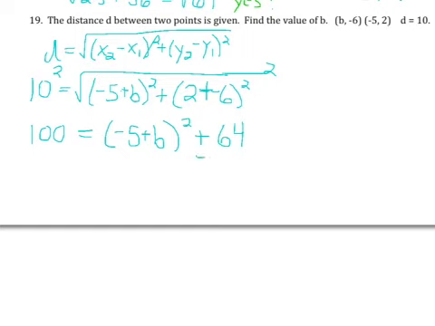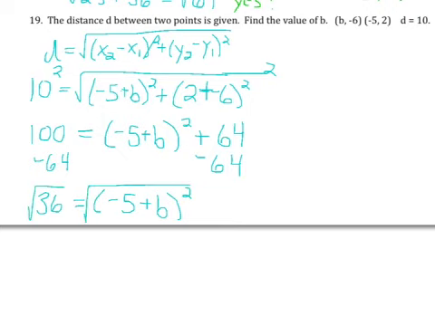So now I can subtract 64 from both sides and get 36 equals -5 plus b squared. Now I need to get rid of the squared, so I'm going to take the square root. And remember, when you take the square root when you're solving, we get plus or minus 6 equals -5 plus b. So we need to set up two equations.